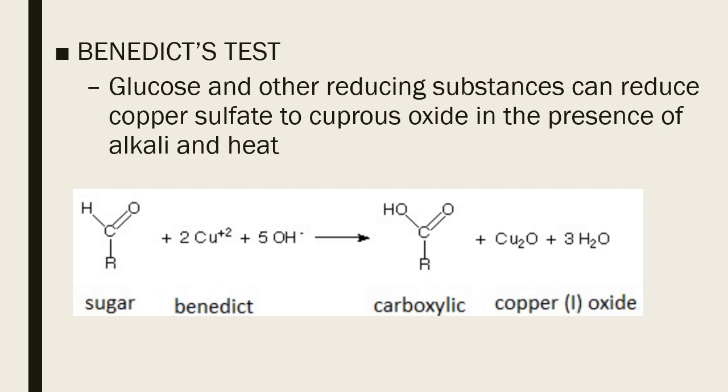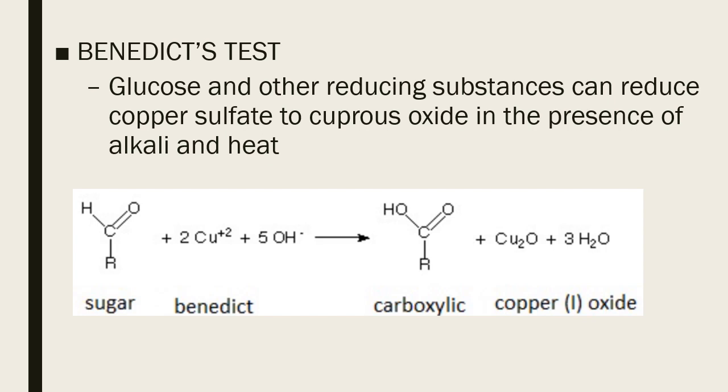And then you have your Benedict's test, which is a test for glucose. In your biochemistry, you do this almost every experiment, your Benedict's test. It is a general test for glucose and other reducing substances. Reducing substances are substances that can reduce copper sulfate to cuprous oxide in the presence of alkali and heat, to produce a colored product.